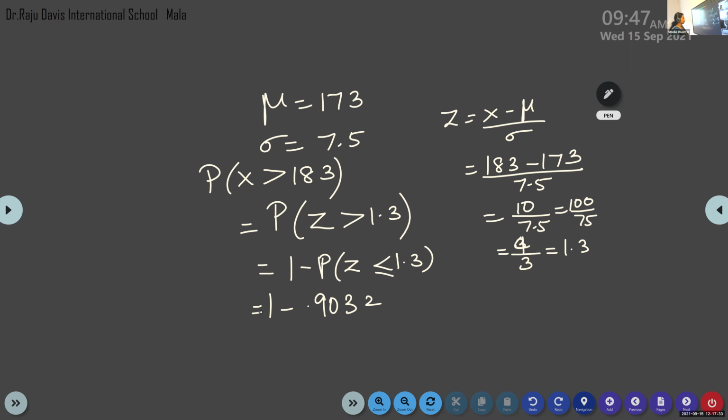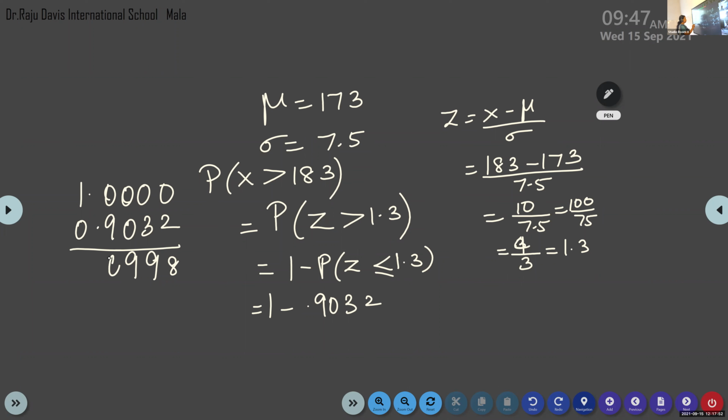When you subtract it, what you will get? 1.0000 minus 0.9032. So when you subtract it, this is 8, isn't it? Will become 9. Here it will become 0. Is it correct?